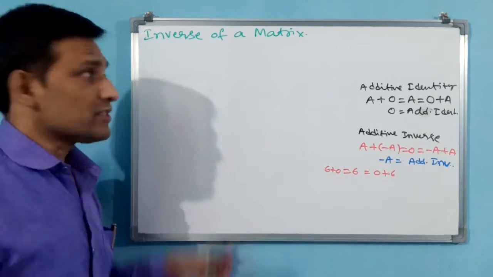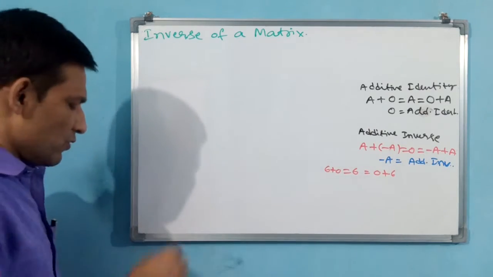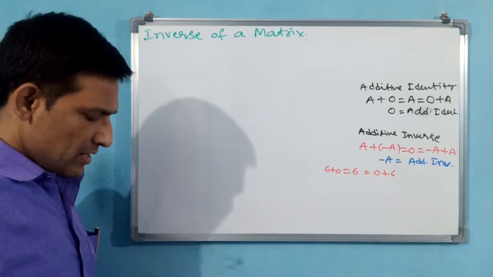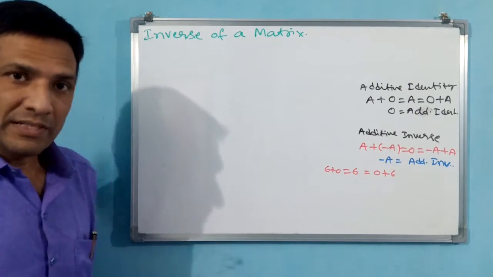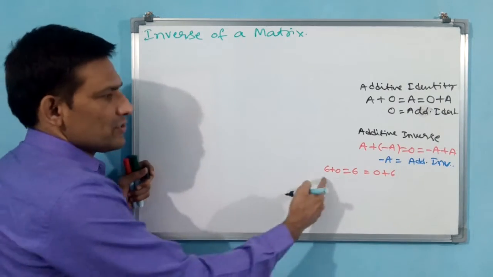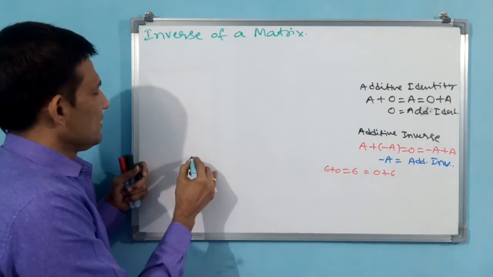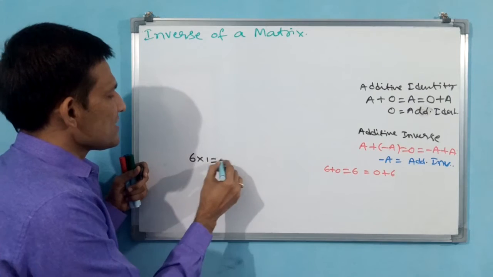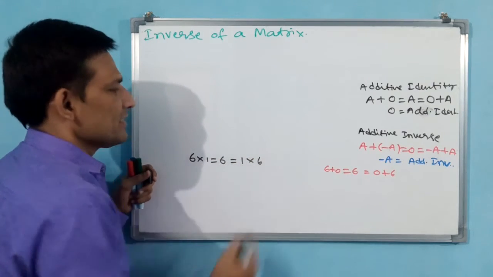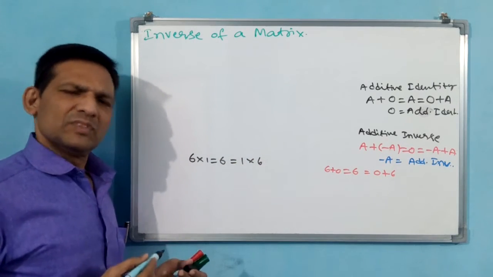These concepts are essential to understand this inverse. Okay, now come to our original multiplicative inverse. Before going to multiplicative inverse, let me write another thing. 6 only we have taken, same 6 I am taking here. Now you see 6 into 1 is equal to 6, that is equal to 1 into 6. Same real number.